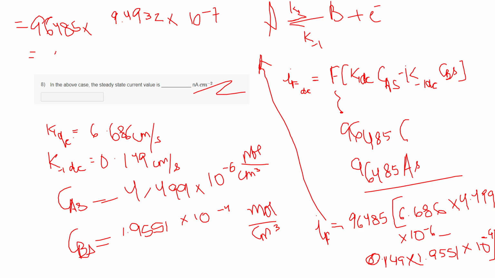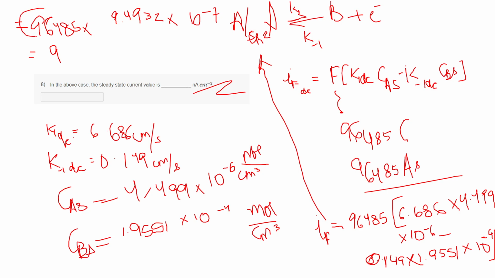So you will get an answer. This one is in ampere per centimeter square. So I want to convert into nano, so I have to multiply it by 10 to the power minus 9. Okay. So if I do it directly, sorry, I'm reporting it in milliamps per centimeter square.